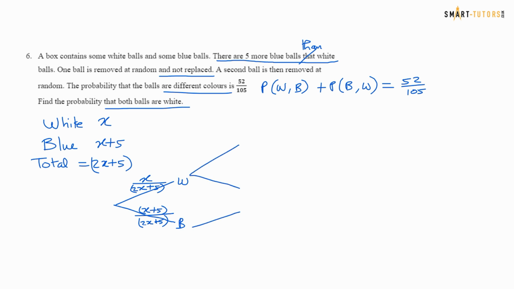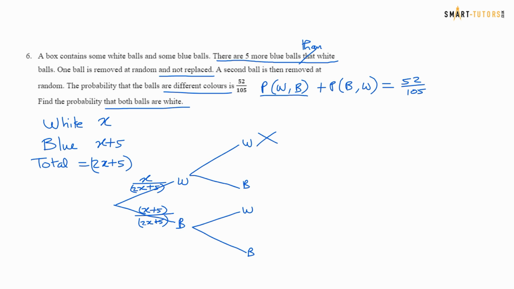And the second one can be white, can be blue, can be white, can be blue. Right? Now you need to be very careful. You only need the white and blue. So don't worry about filling this one. White and blue means you are taking a blue ball, but before that a white ball is taken.